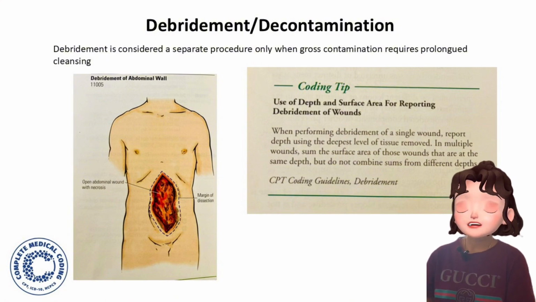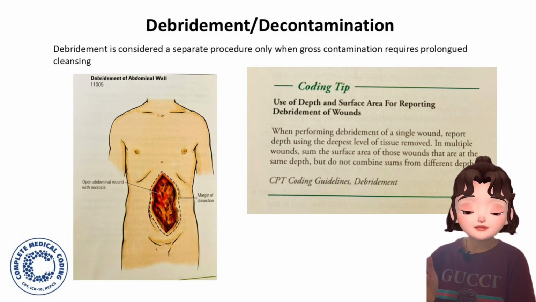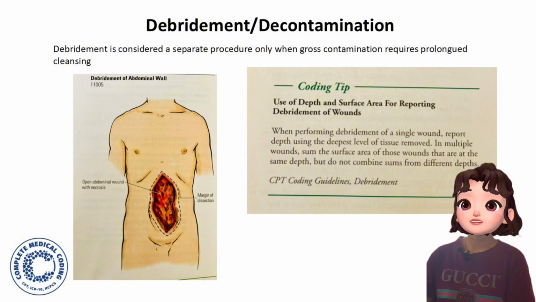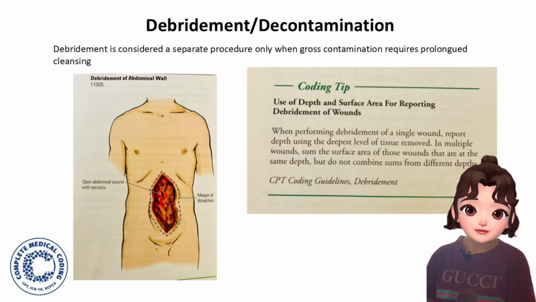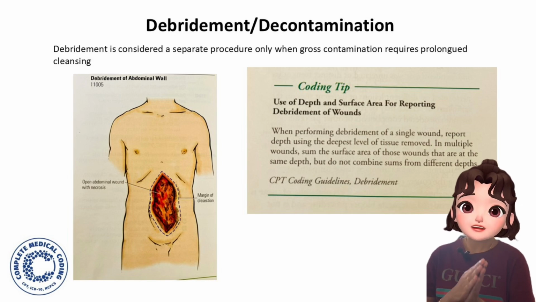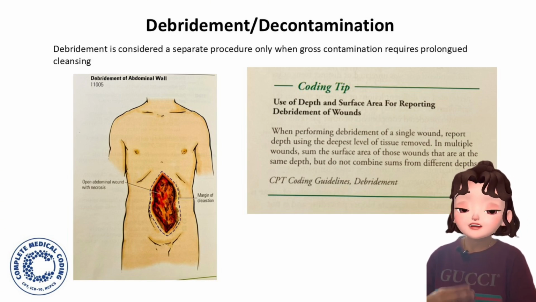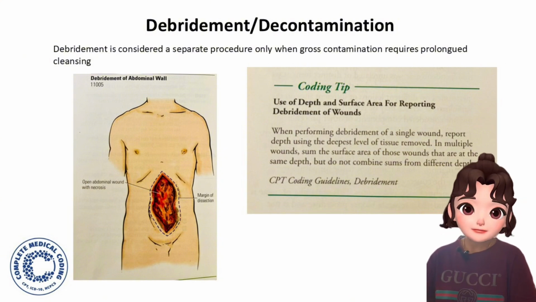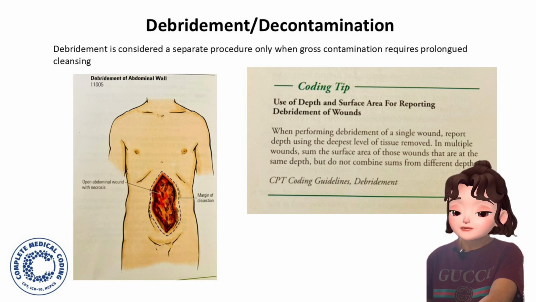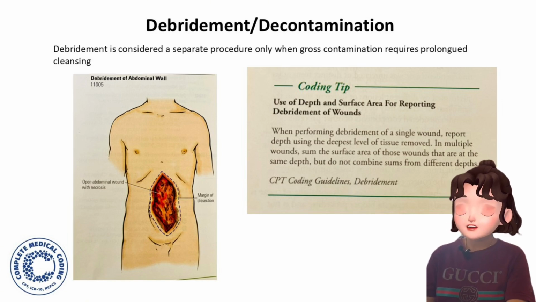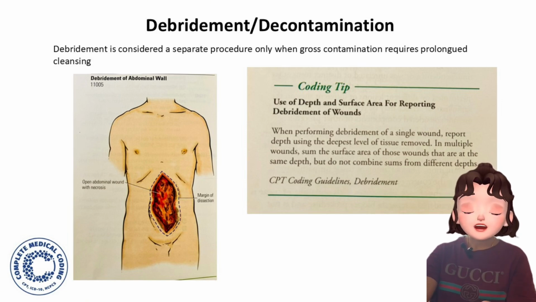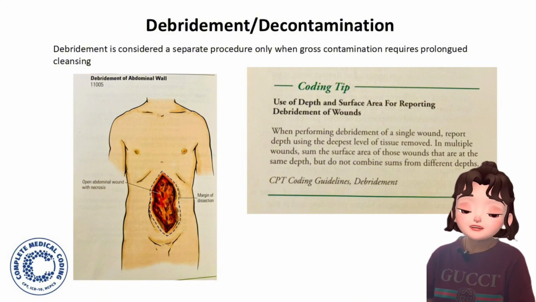This is in case of a single wound. If there are multiple wounds in different places or in the same area, you have to total the surface area of all the wounds present at the same depth. If it's in the same depth, you have to sum all the surface area. But if it is in different depths, you should not combine. You have to code it separately. And here the wound should be measured in centimeters.